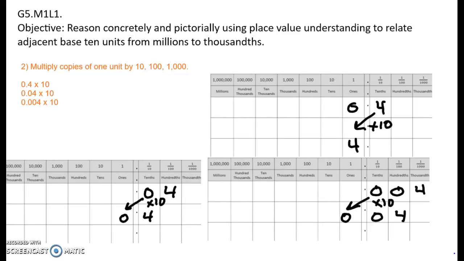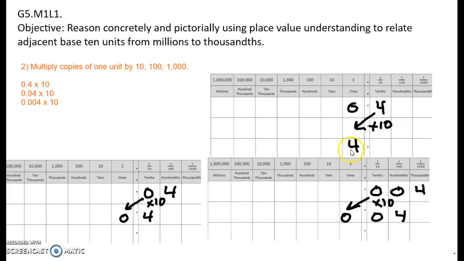Okay, in this example, we're looking to understand what it means to multiply by 10, or multiplying copies of 1 unit by 10. So in our first problem, we have 4/10 times 10. So here is 4/10 times 10, and we know that 4 ones is 10 times greater than 4/10.